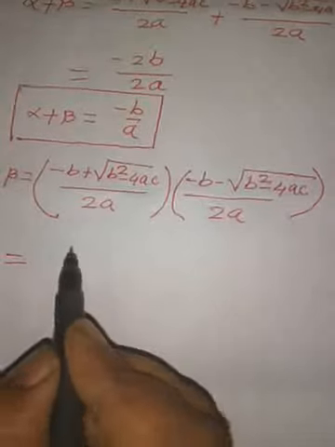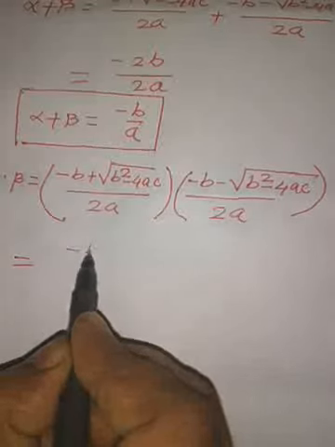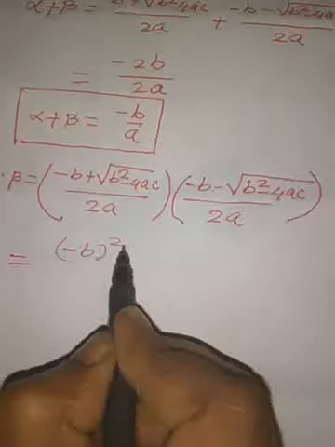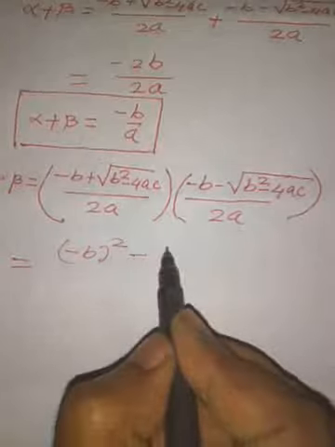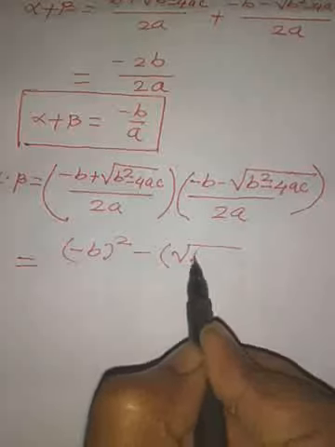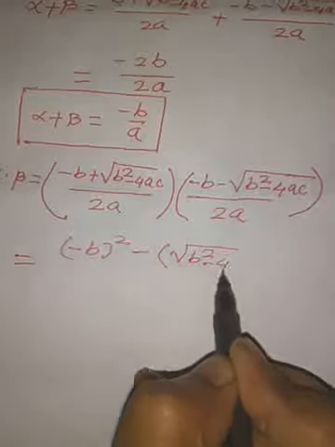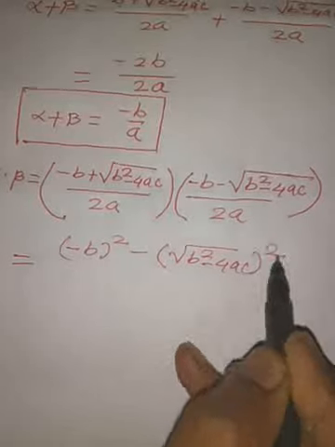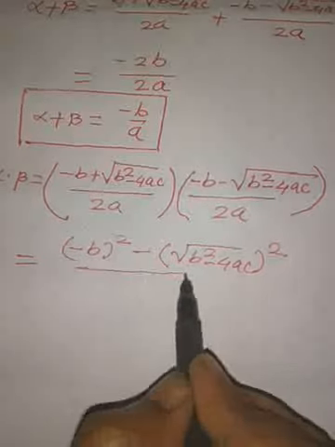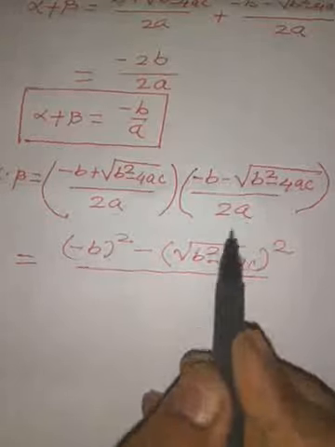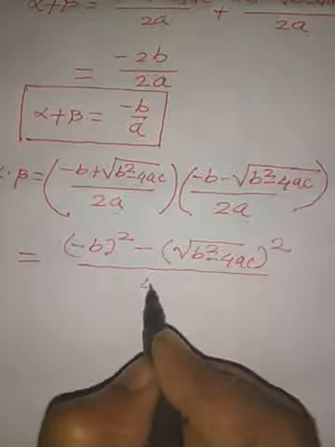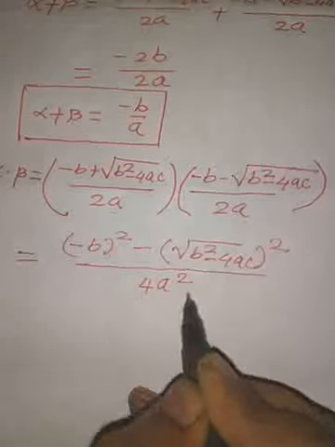That is square of minus b minus square of square root of b square minus 4ac, divided by 2a into 2a, that will be equal to 4a square.